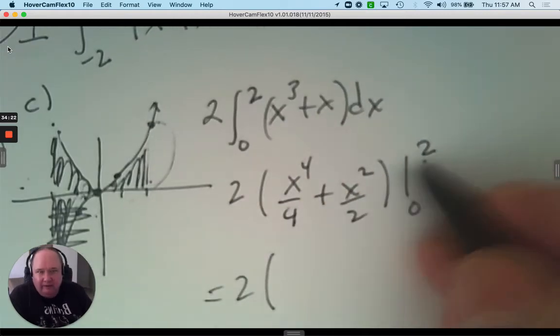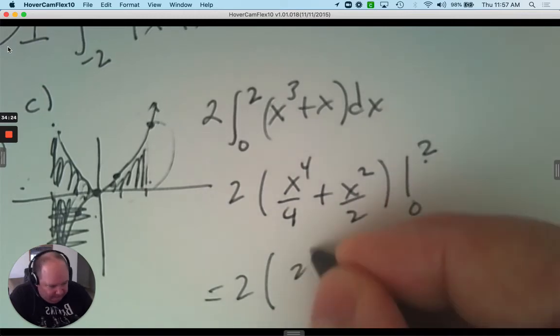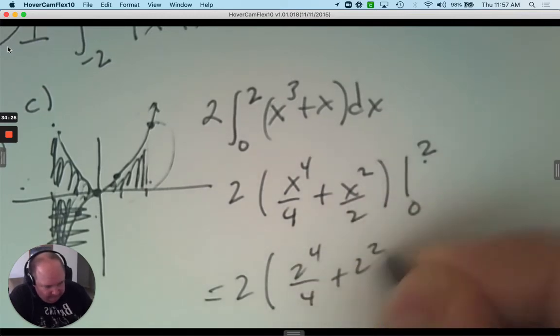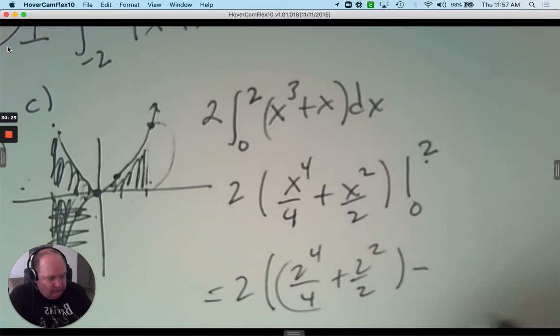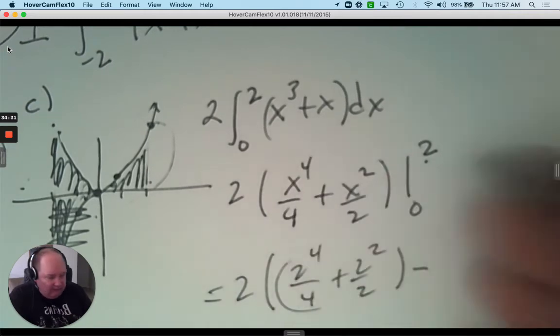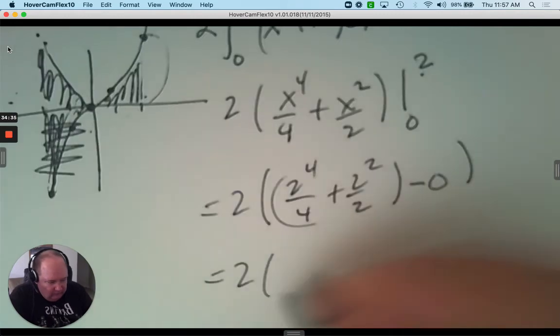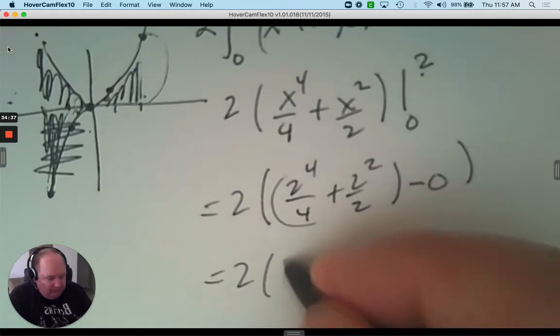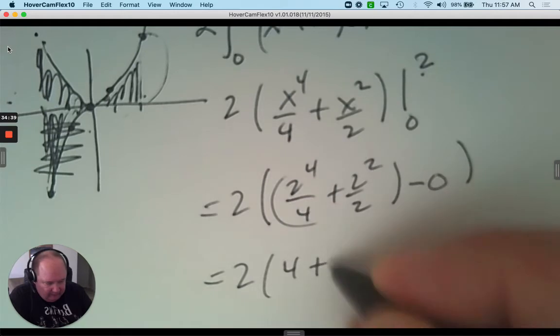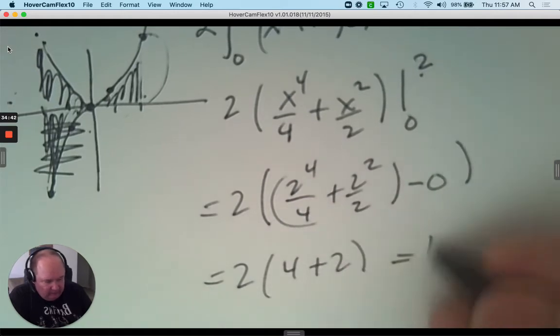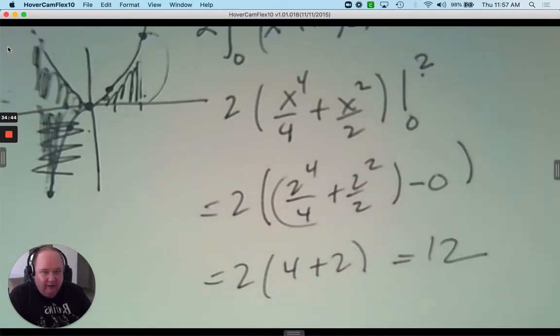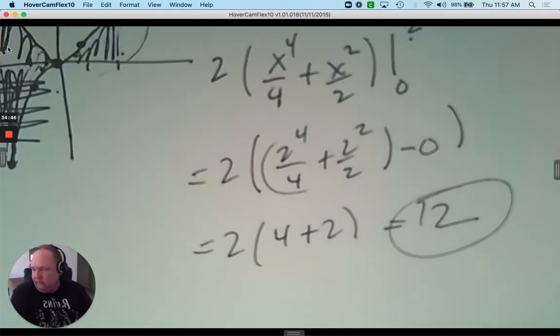So you're going to plug in 2 first. Then you're going to plug in 0. Now notice when you plug in 0, the answer is 0. So what is this answer? This is 16 divided by 4. This is 4 divided by 2. So that's 6 times 2. So that area altogether, that area with absolute value, the answer is 12.